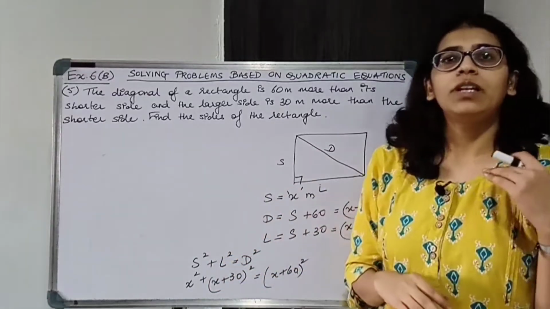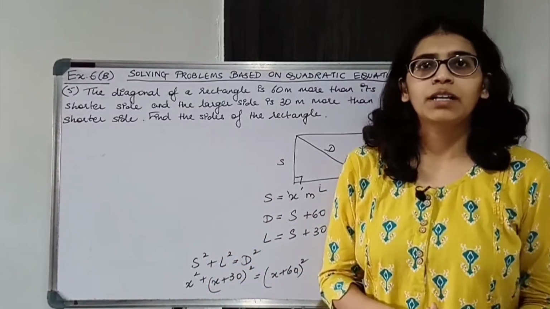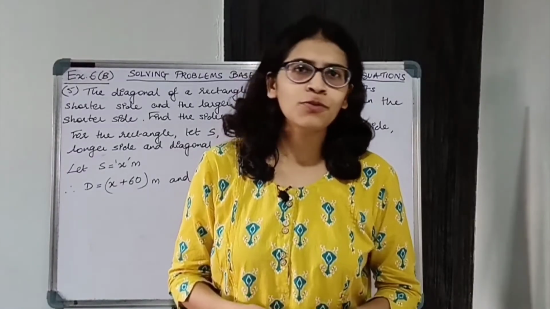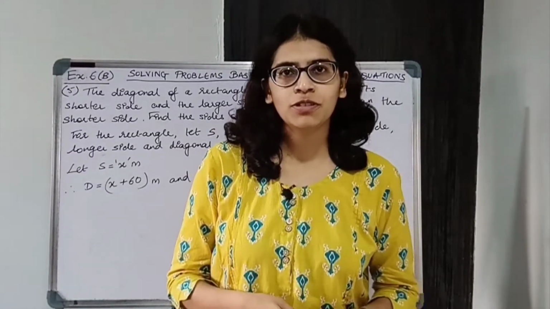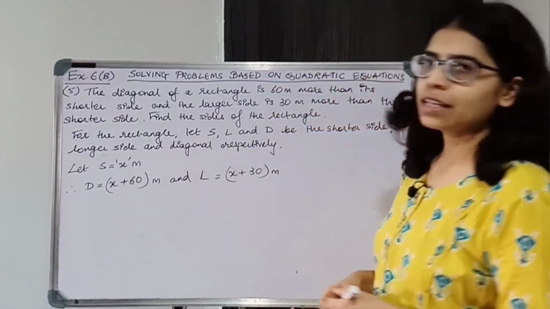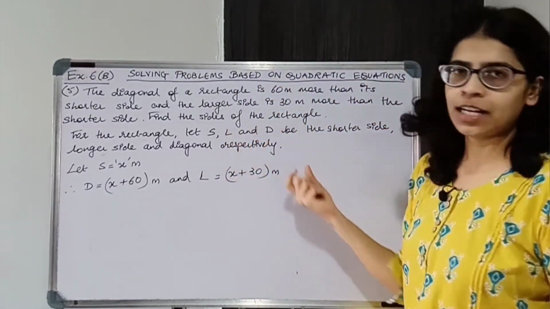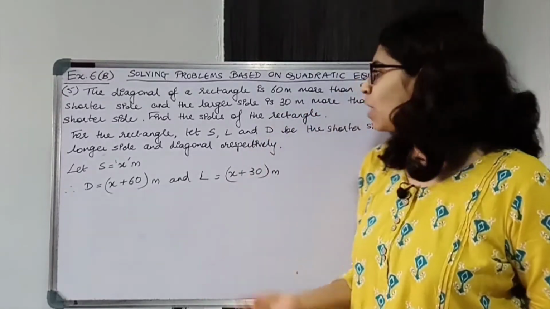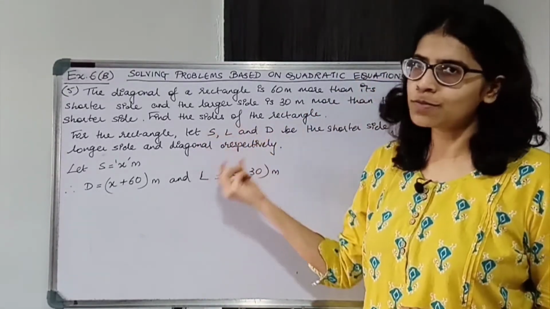Okay, so let us write down the statements in proper manner and then start with the solution. So you have to write down few statements before starting with the solution. So for the rectangle, I have taken S, L and D as shorter side, longer side and diagonal. It's not necessary that you have to abbreviate them. Short forms लिखना ज़रूरी नहीं है.